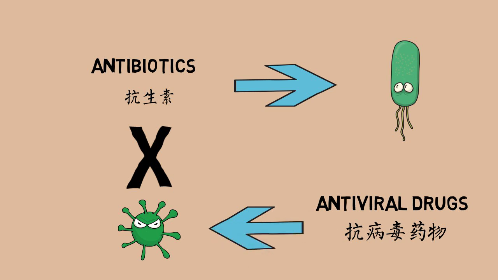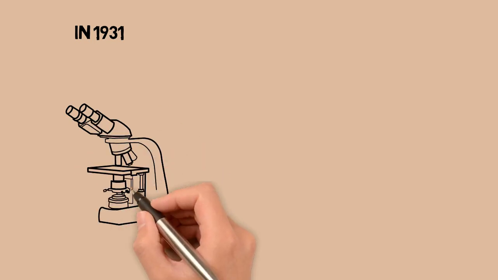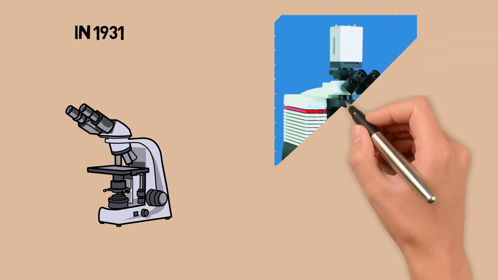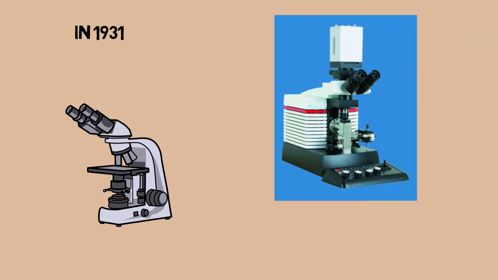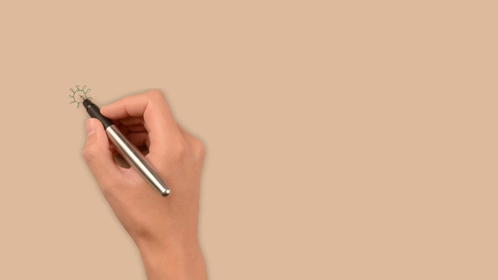The invention of the electron microscope in 1931 brought the first images of viruses. Viruses are among the smallest infectious agents and are too small to be seen by light microscopy. Most of them can only be seen by electron microscopy. They range in size from 20 to 300 nanometers.